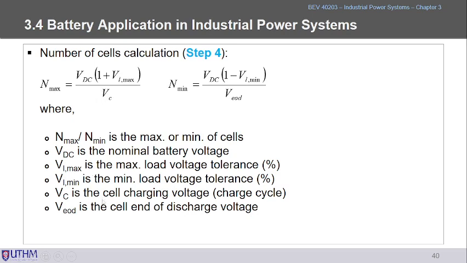And the VC is the cell charging voltage. So how much is the cell charging voltage? Okay? And the same thing happens to the minimum side here. We have the VDC and we have the VL min. Of course the tolerance is normally plus minus 10%, for example.